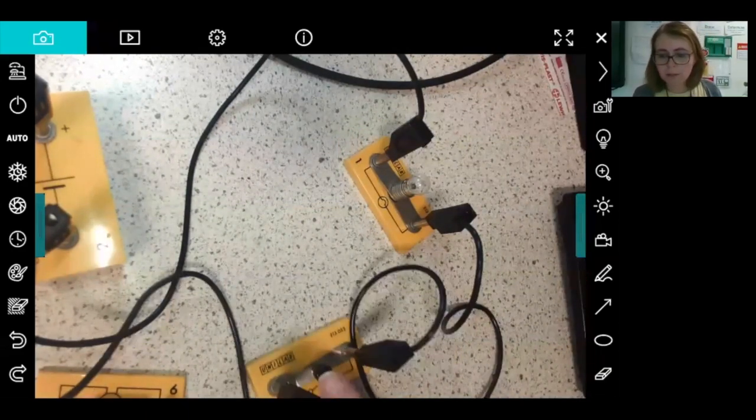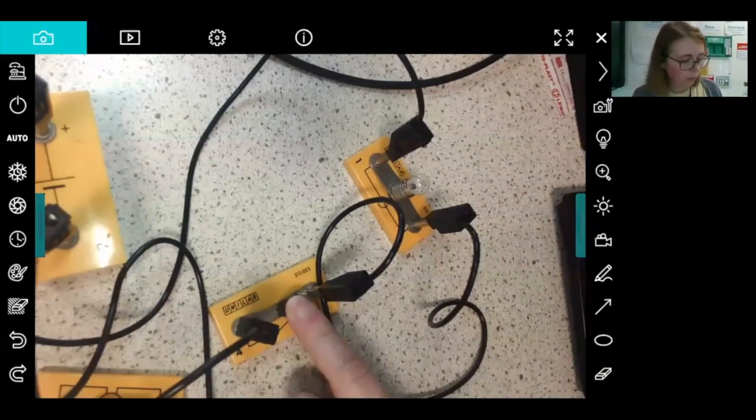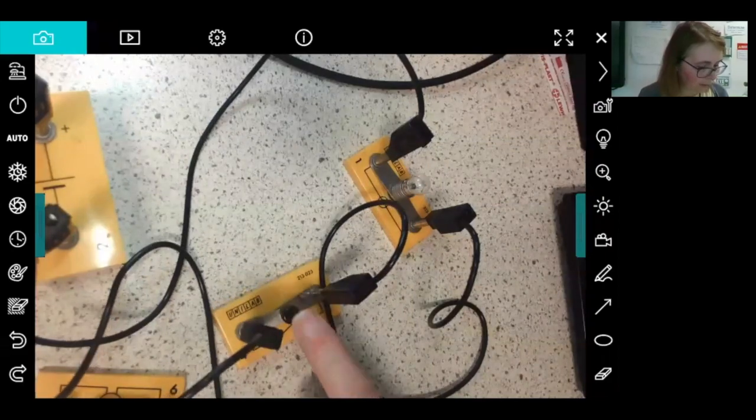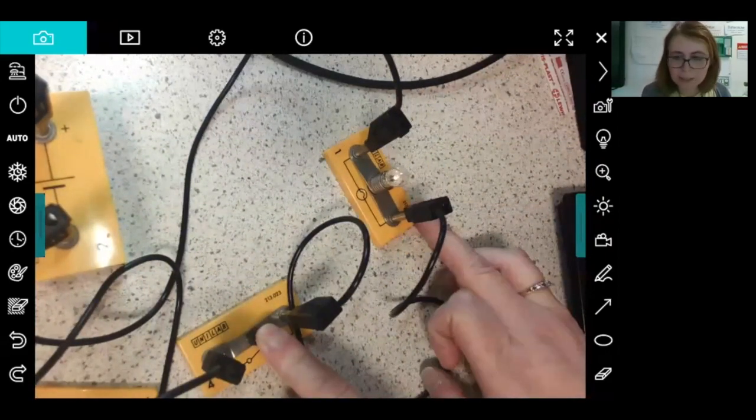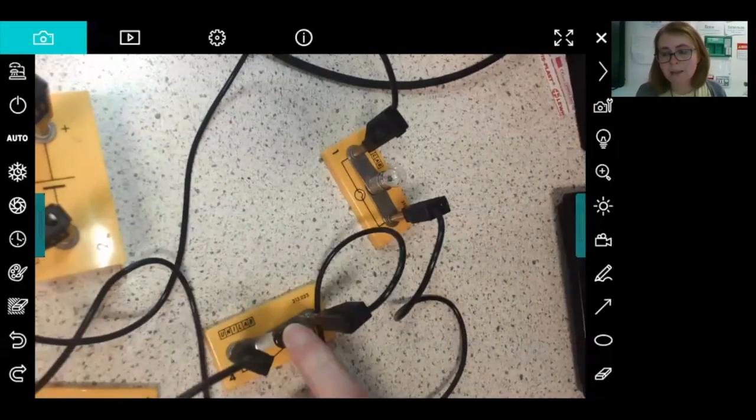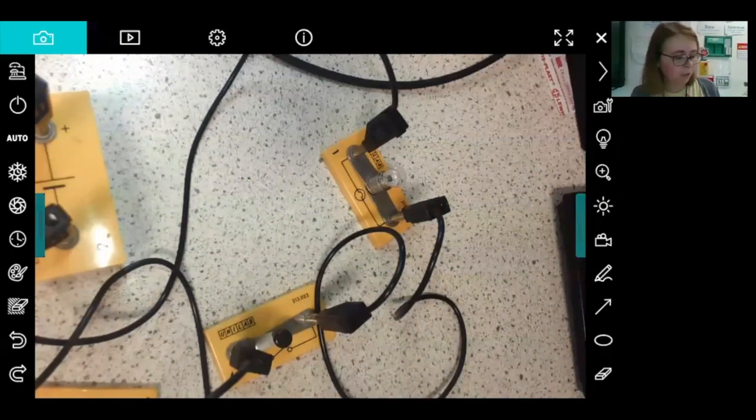So, the switch here is in an off position, and when it's pressed down, and they do have to be held down, you can see that the bulb is lighting, although it's not as bright, and some of the children might notice that. You might want to address that and explore why that might happen together. So give them the opportunity to have a look first, and then identify the components correctly.